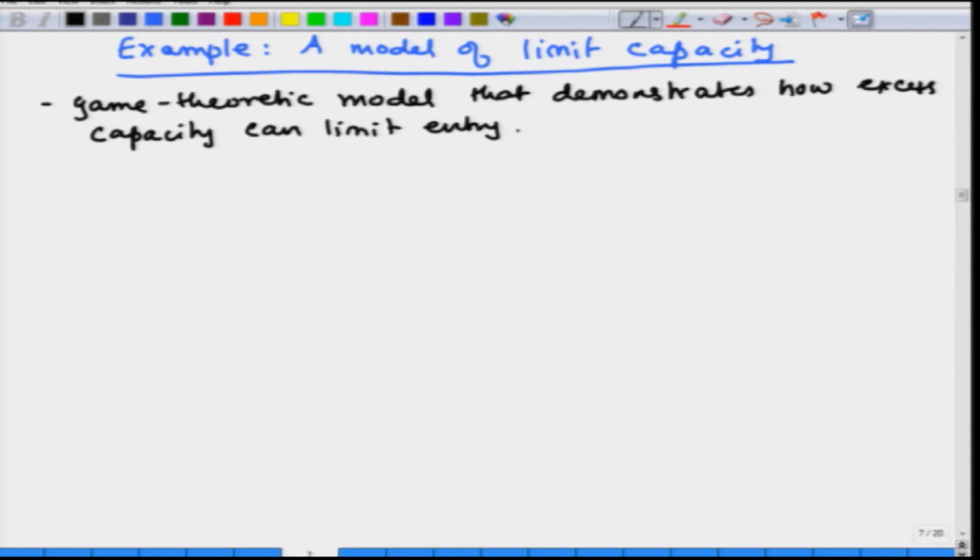an industry. Now, any entry requires investing in capacity, and it could either be a small capacity or a large capacity.